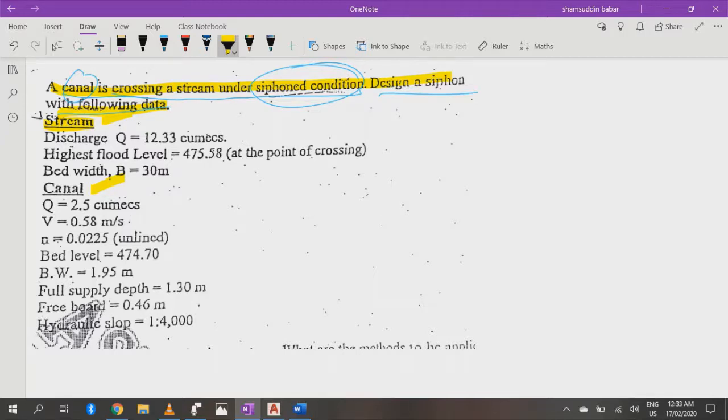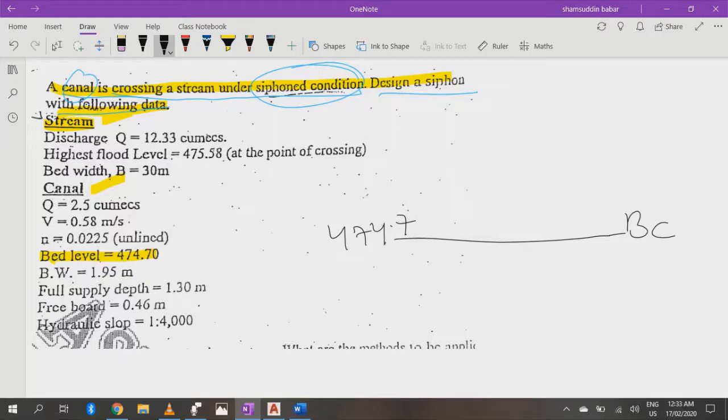But if this were not given, how would we find out? It's quite simple. Initially we check the data for our canal. For example, here we are given the bed level of the canal as 474.70, so we draw this as the bed level of the canal, 474.7.